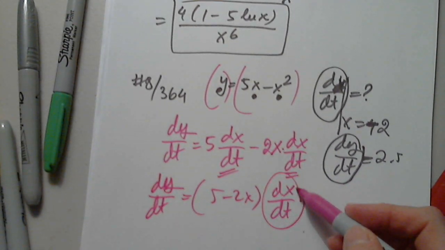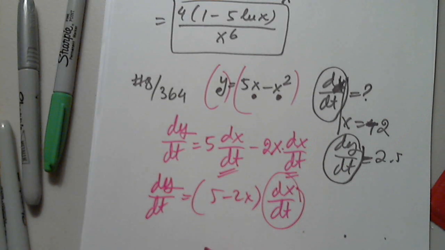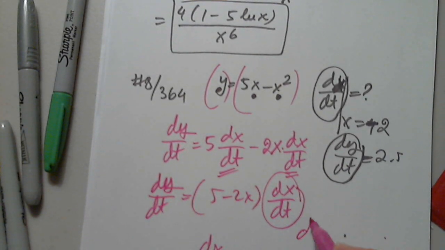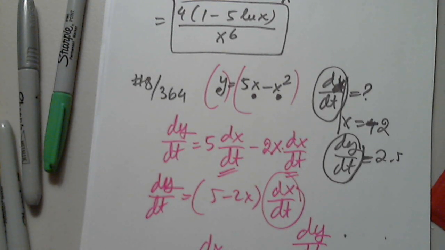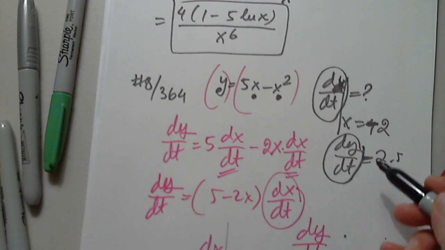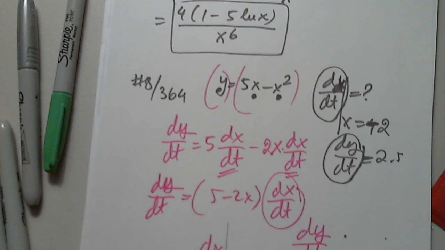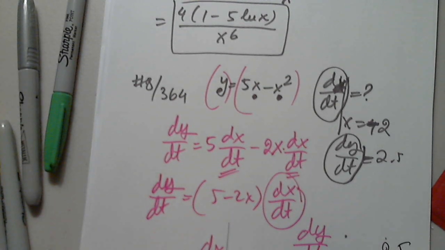So finally, I'm solving for this because that's what they want. So dx over dt equals this over this. All I need to do now is just plug in those numbers. They say x equals negative 2 and dy over dt equals 2.5. So dy over dt equals 2.5, and this is 5 plus 4 is 9. I know I'm close. Yes.